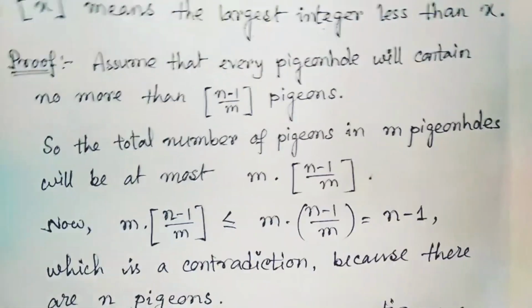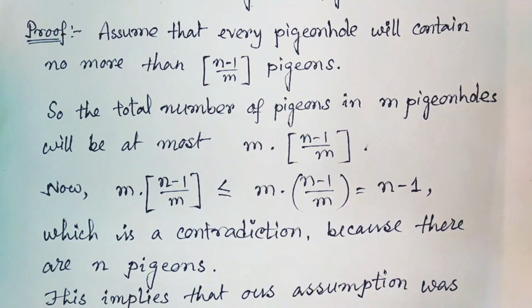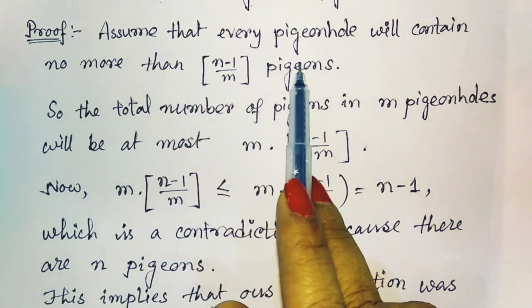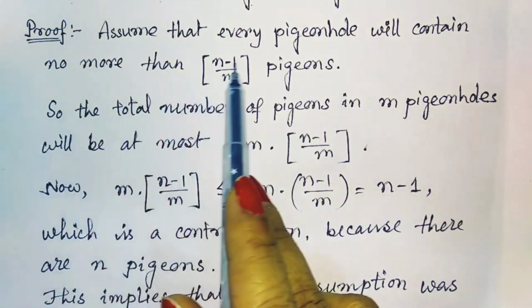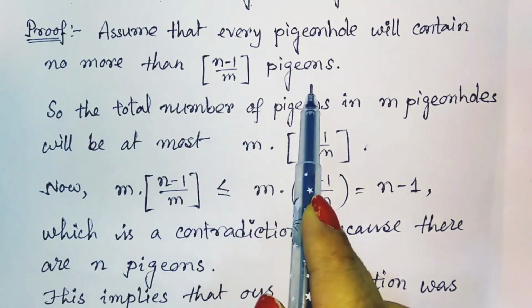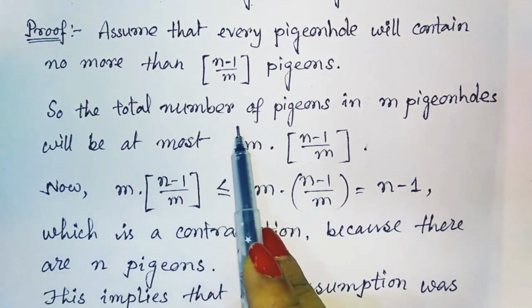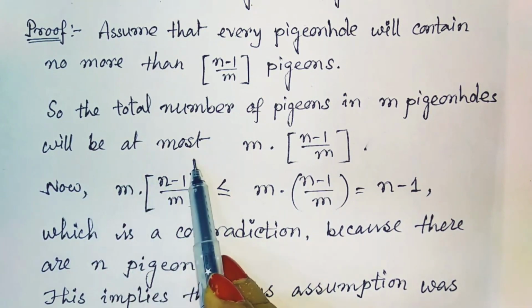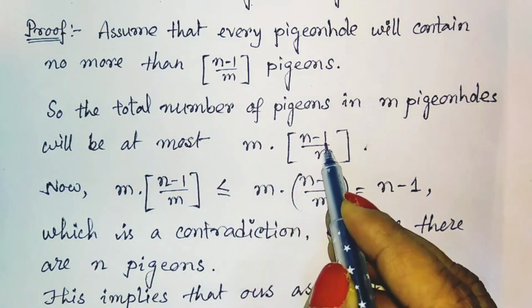Now its proof is also required. The proof for the pigeonhole principle is very easy. Initially we assume that every pigeonhole will contain no more than floor of (n minus 1) by m pigeons. So the total number of pigeons in m pigeonholes will be at most m into floor of (n minus 1) by m.